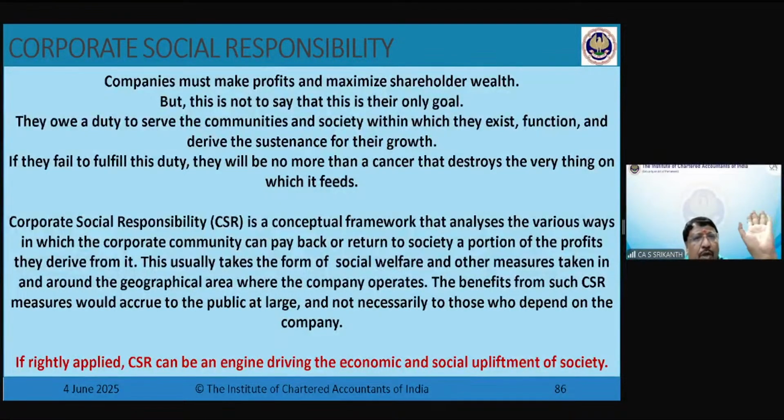This is your job. Your job is not to do good to society. Your job is not to bring about peace and prosperity to this country. That is for the government of India or for a non-governmental organization or a non-profit organization. Nevertheless, having made this bold statement, companies must make profits and maximize shareholder wealth.